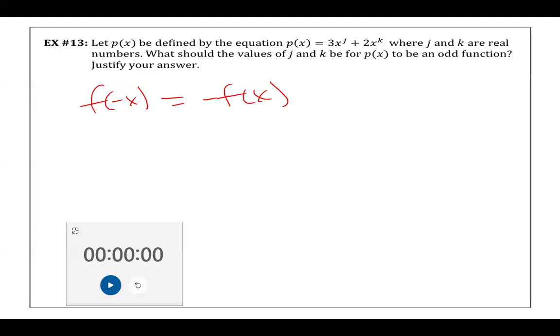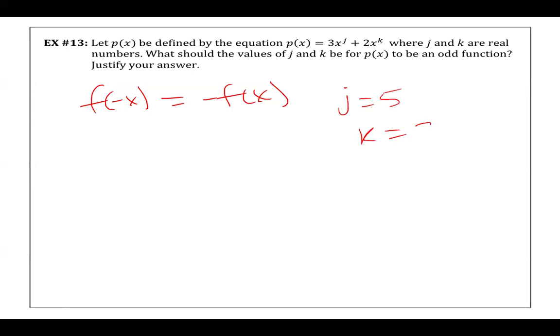All right, so who would like to share what they got for j and k? We got 5 and 3. So we have j equals 5, k equals 3. So we end up with p of x equals 3x to the 5 plus 2x to the third.